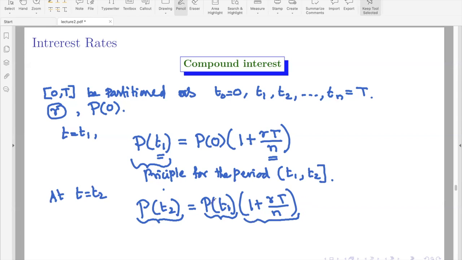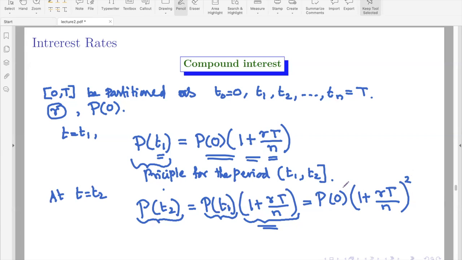So now for P of t1, we can put this expression to get P of 0 into 1 plus RT by N squared, because 1 comes from here and already you have 1, so both together square.